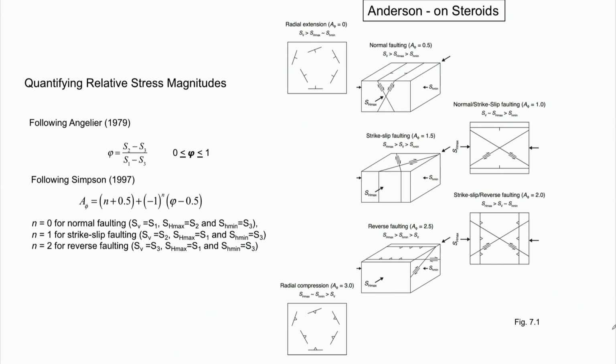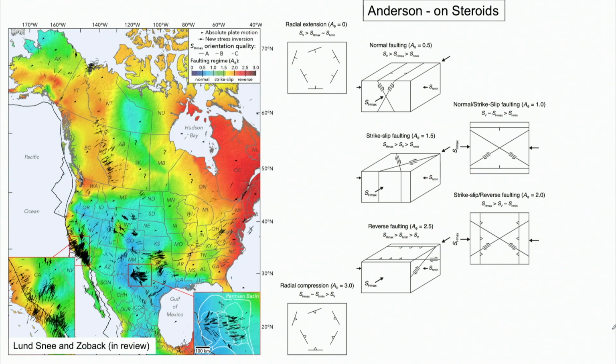Now, the reason this is so helpful is we could use this classification from 0 to 3 and associate it with a color bar so that dark blue was the lowest possible A phi and dark red is the highest possible A phi. And so as the color spectrum gets warmer, we see increasing relative stress magnitudes, okay?